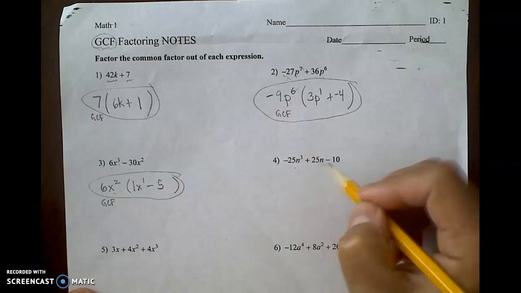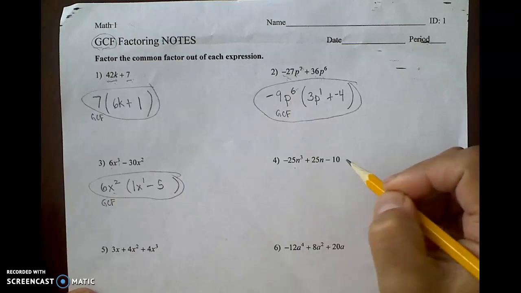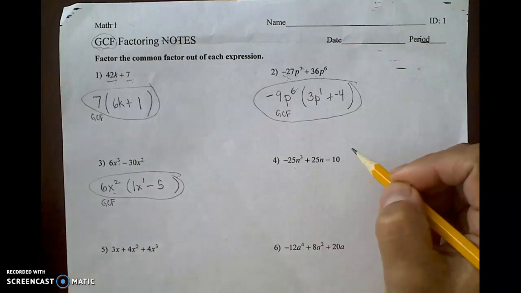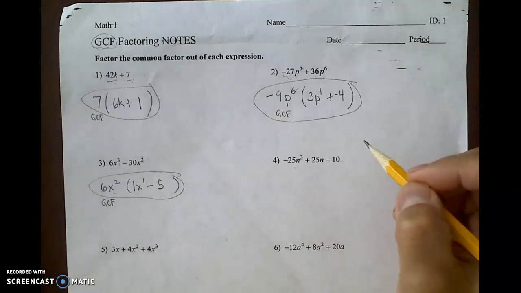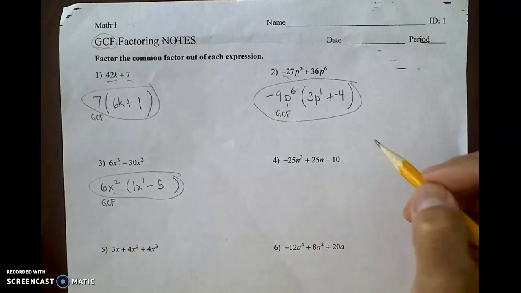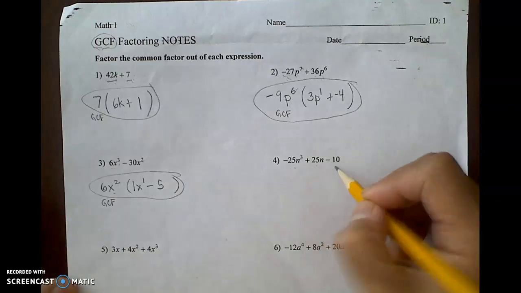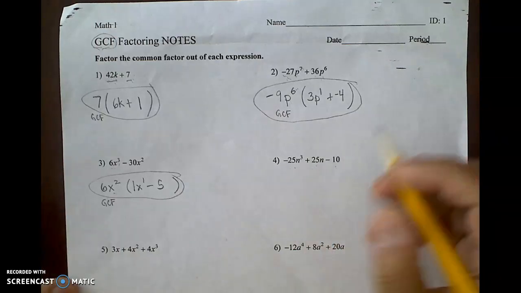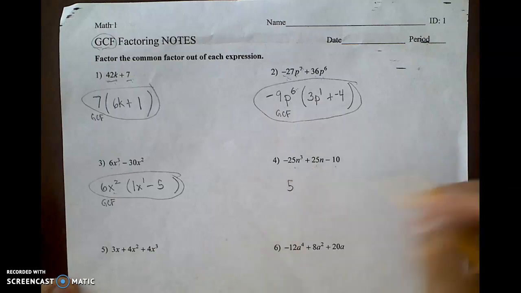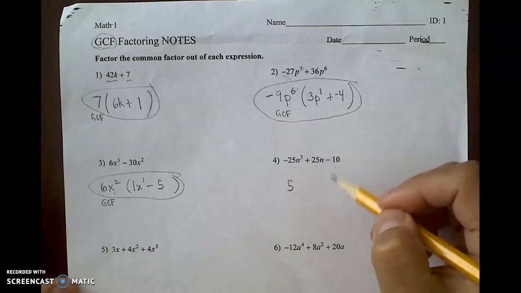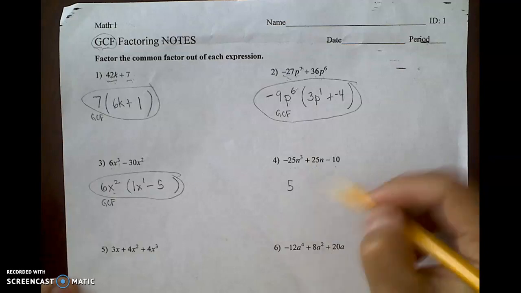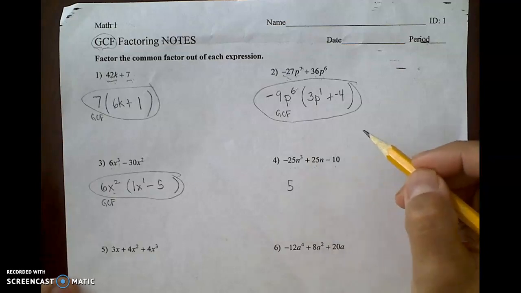I got a 25, and a negative 10. So we got to think about what is the biggest number that we can divide into all 3 of those numbers. Right? And that number is 5. Right? 5 can go into 25, and 5 can go into 10. That's the biggest number. Right?